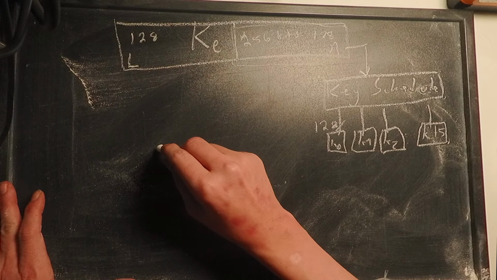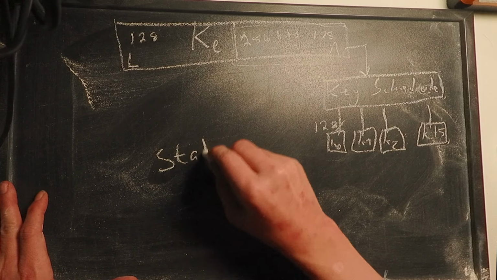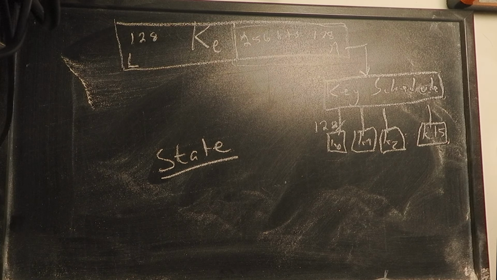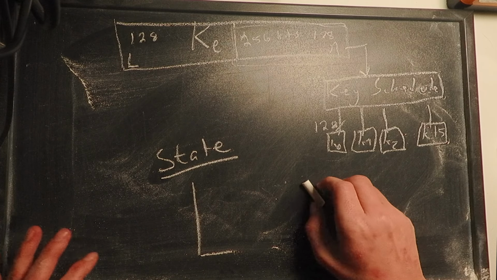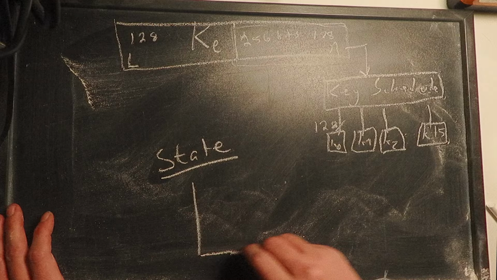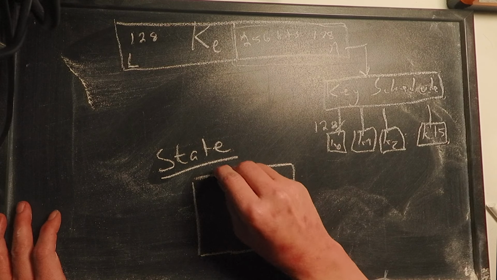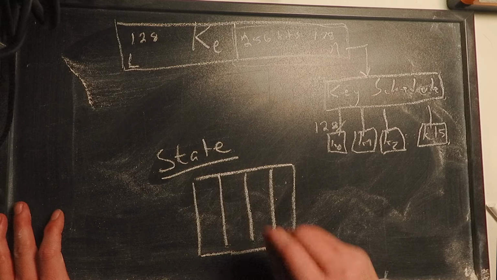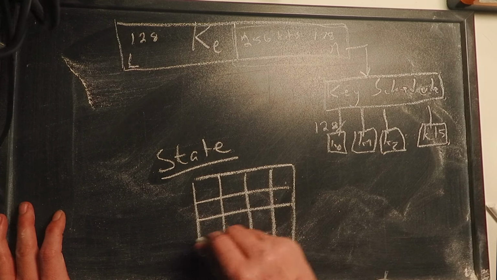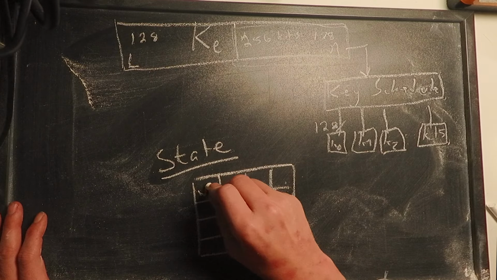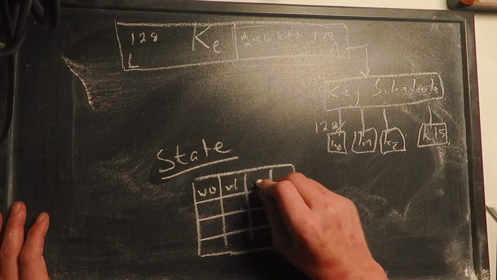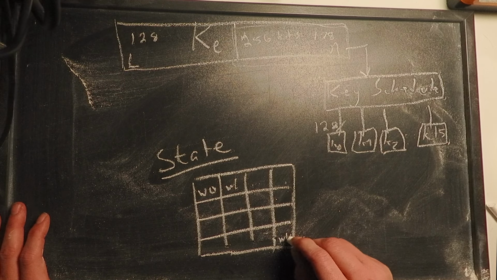Anyhow, we do also have a state. So that's the internal state of the encryption. And each round, this state is modified in one way or another. And the state looks like this. So we have 16 boxes here, and these are called W0, W1, all the way up to W15.